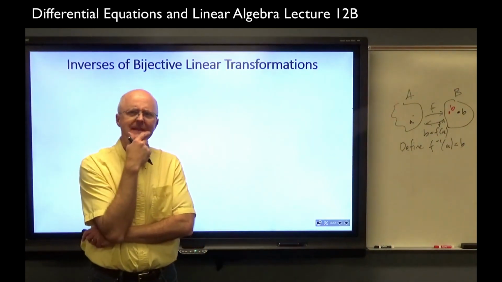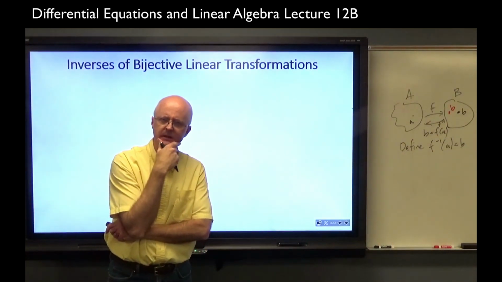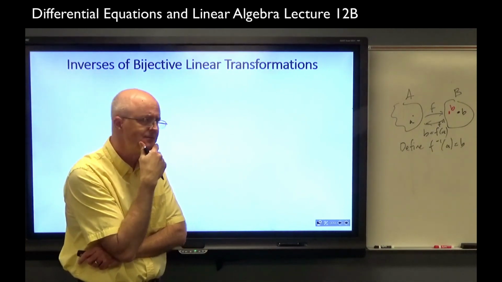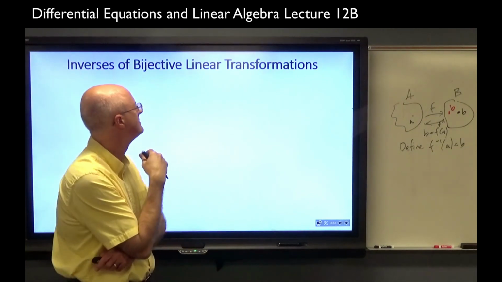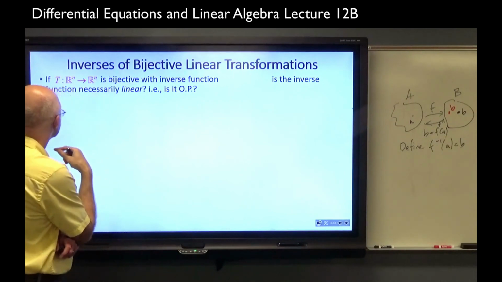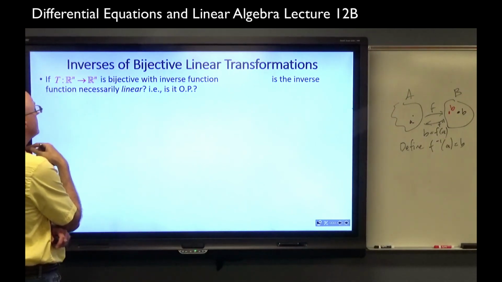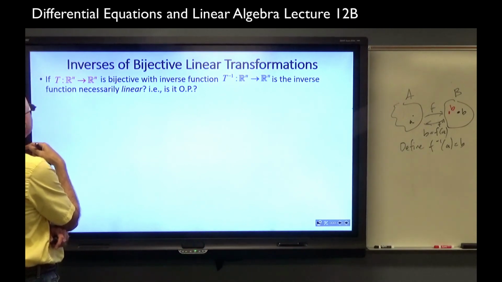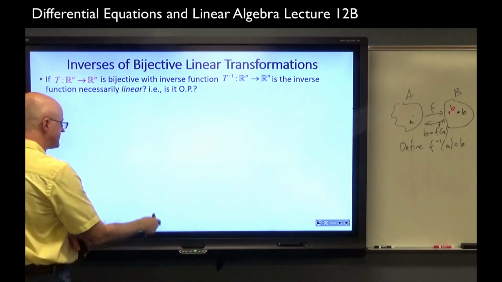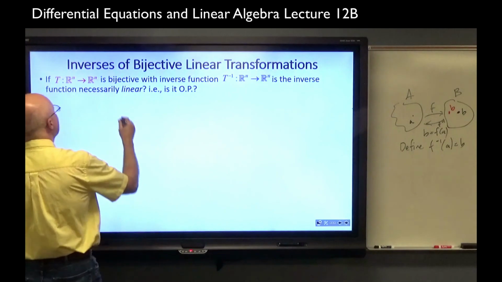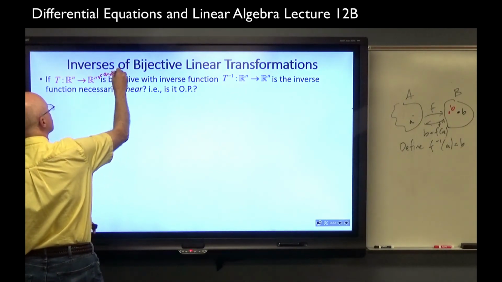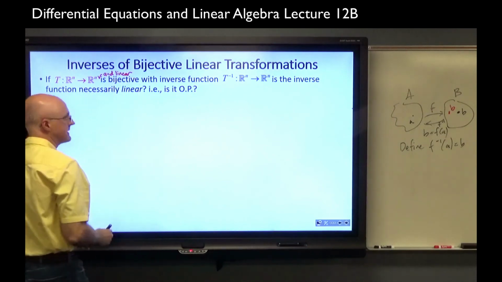But is the inverse of an invertible linear transformation also a linear transformation? You would hope so. If T is bijective with an inverse function, T inverse, oh, I made a typo here, I forgot to say, and linear, it's a linear transformation.